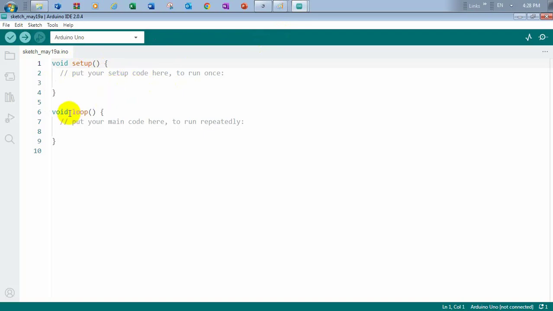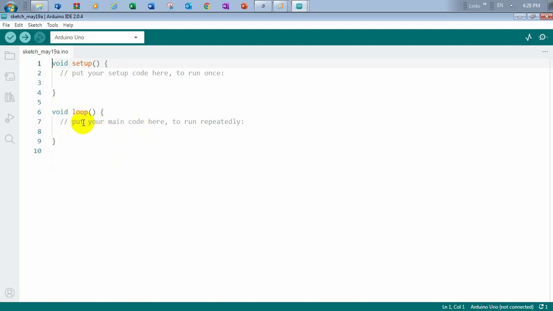Void loop is a loop. Instructions do not stop, they repeat. Suppose 3 or 4 instructions arrive in this function void loop.